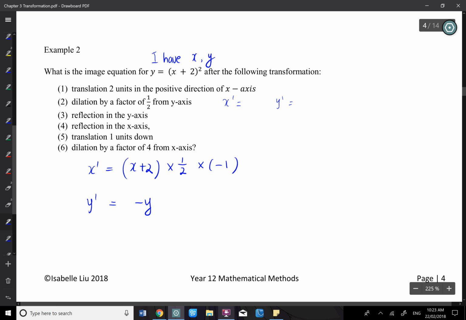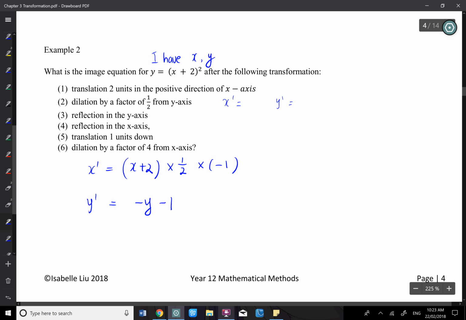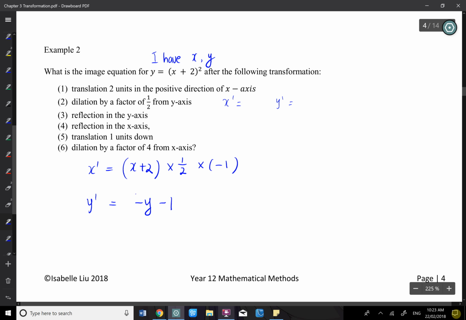It's pretty fun, just keep writing things. Number 5, translate 1 unit down. Y, so minus 1. This happens first and then the minus 1, so same order as your calculation order. Last one is dilate by a factor of 4 from the x-axis. Y again, so times by 4. Old value times by 4.